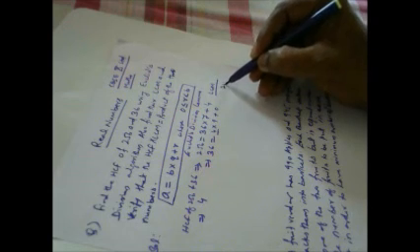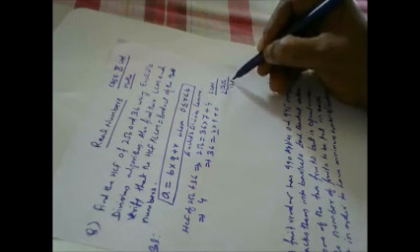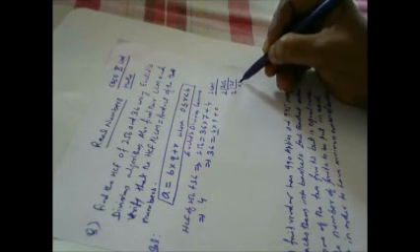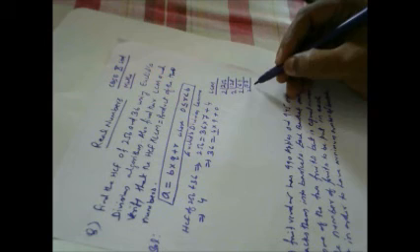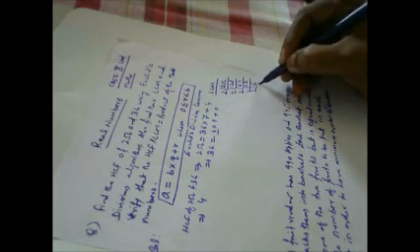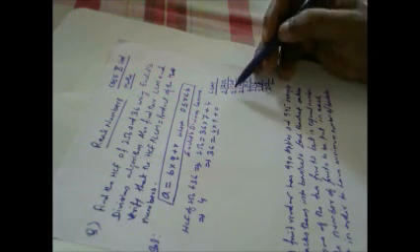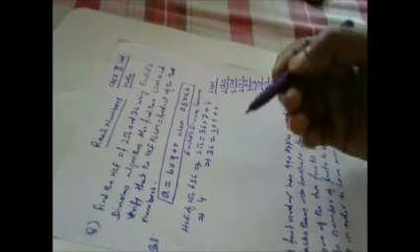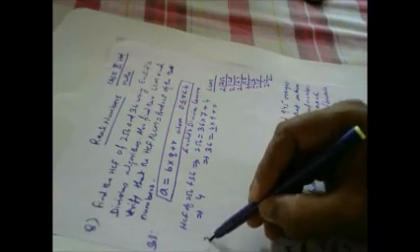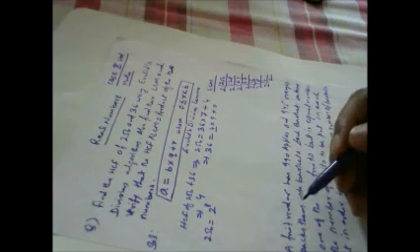First, 256: 128, 64, 32, 16, 8, 4, 2. Counting, that is eight 2s, so 256 can be written as 2 to the power 8.